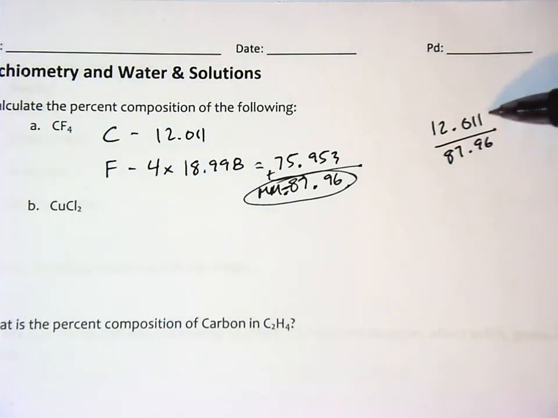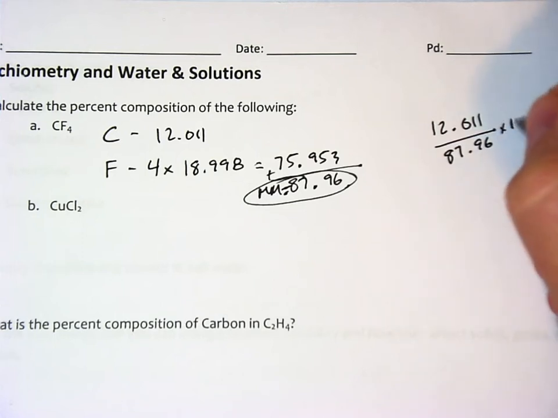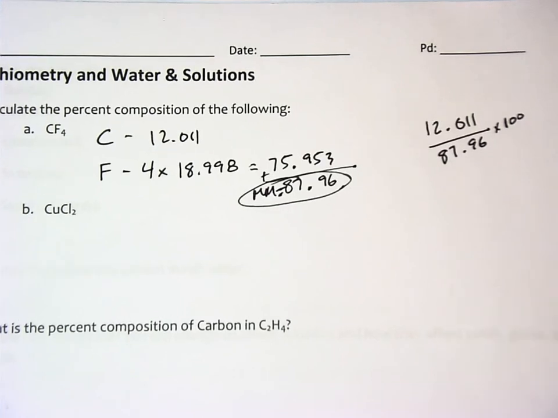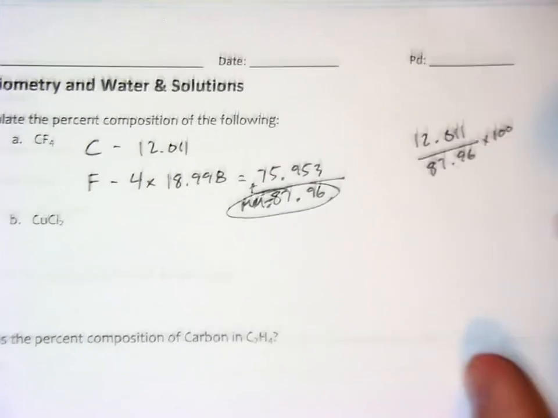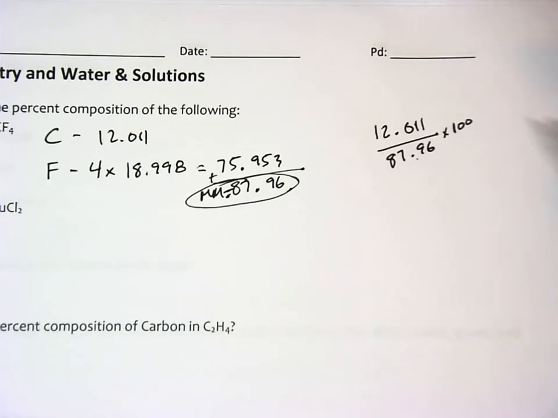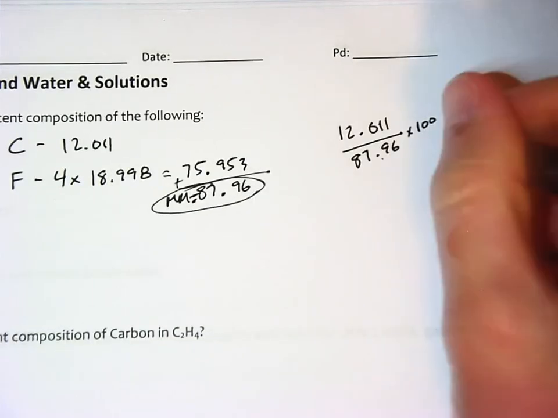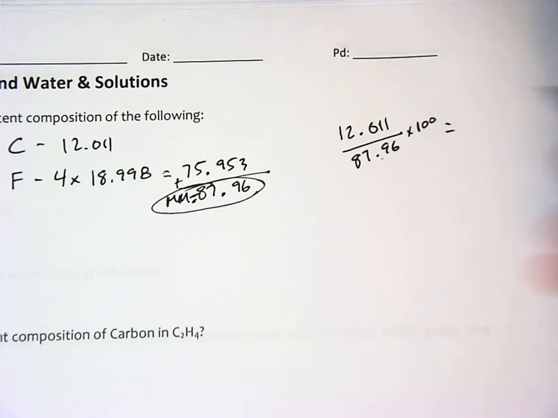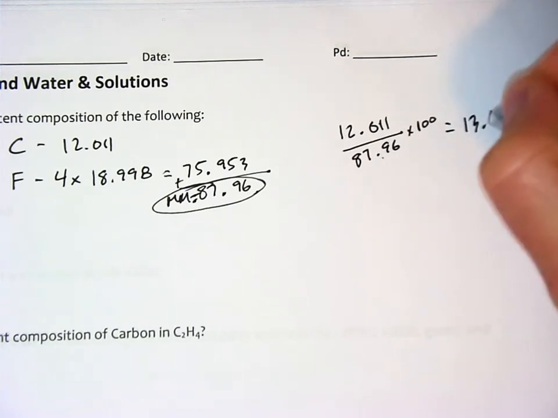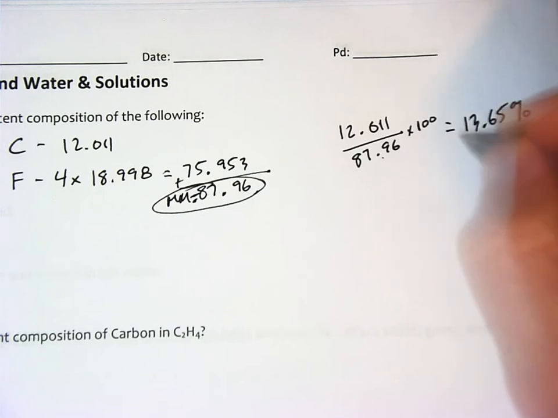I'm going to divide part over whole, and then multiply that number by 100 to convert it into a percentage. Or you can just divide and move the decimal 2 places, that's fine as well. So here you have 13.65, and we said that's a percent.